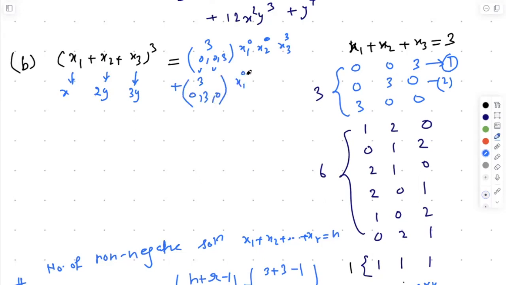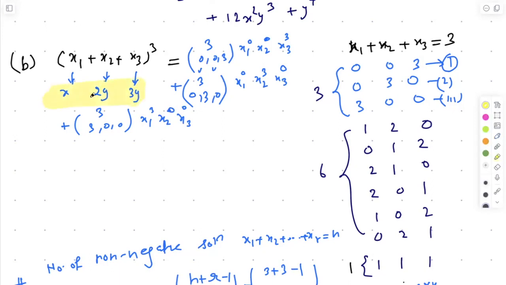Corresponding to the second partition, you will have a term 3, 0, 3, 0, having exponent x1 power 0, x2 power 3, x3 power 0 there. If you look for the third term, you will have the next term like 3, 3, 0, 0, x1 power 3, x2 power 0, x3 power 0. And for the answer, you need to replace x1, x2, x3 by these three.